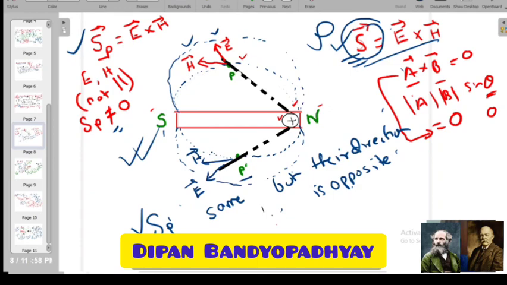See, an EM wave is transverse in nature, and E and H are perpendicular to each other, and individually they are perpendicular to the direction of propagation of the wave.